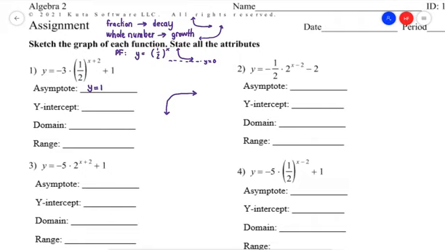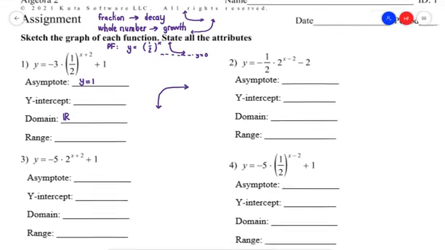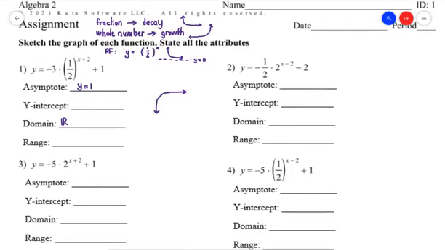The domain is going to be all real numbers because I see that my arrows are headed in the left and right direction forever and ever. So yes, it will take a long time, especially here on the left side, to get through all of those x values, but we are moving a little bit at a time and we are going to get there.